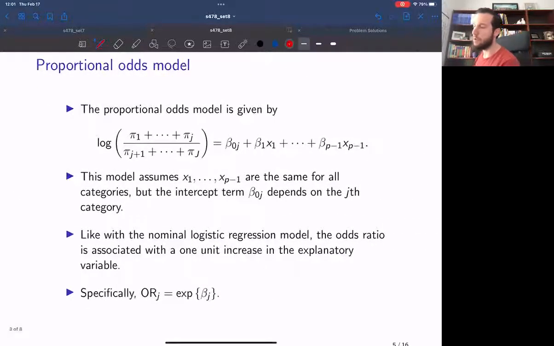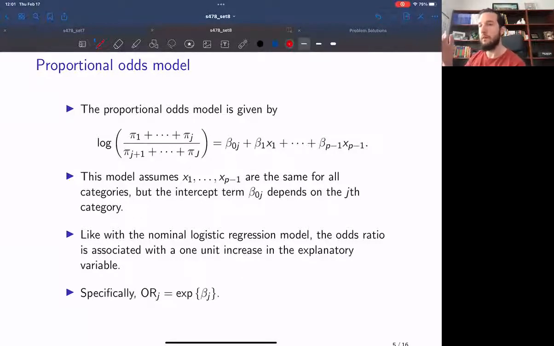Then we have the proportional odds model. The proportional odds model in terms of output is the most similar to the nominal logistic regression model, which is probably one of the reasons why it's considered the default model in most packages. So you can see that the way that this model works is you have, again, a ratio of some jth categories to the remaining jth categories. That's linked by the following value.